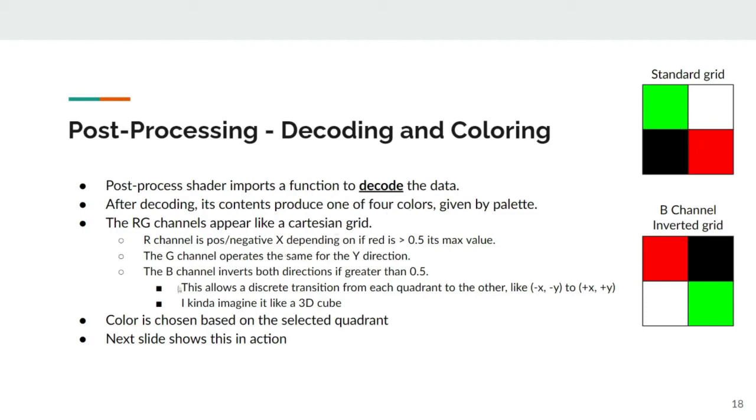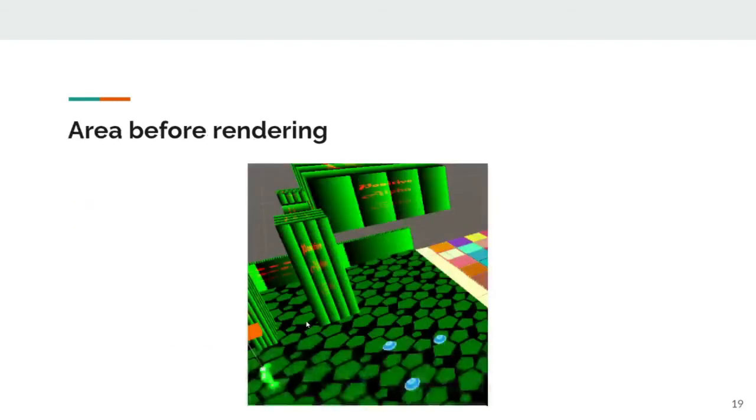So I used the blue channel to facilitate that and turn it into a 3D cube of sorts, so that if the blue channel is greater than 0.5, say, it will flip the grid and just invert it. So green becomes red, black becomes white, and so on and so forth. That gives a way to smoothly transition from each color to the other. It does take up more data, though, but I consider it to be worth it.